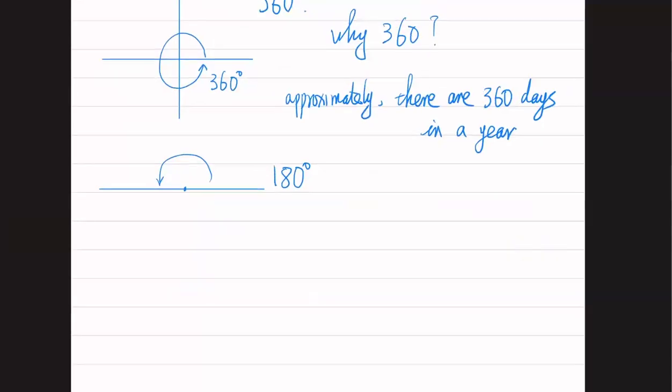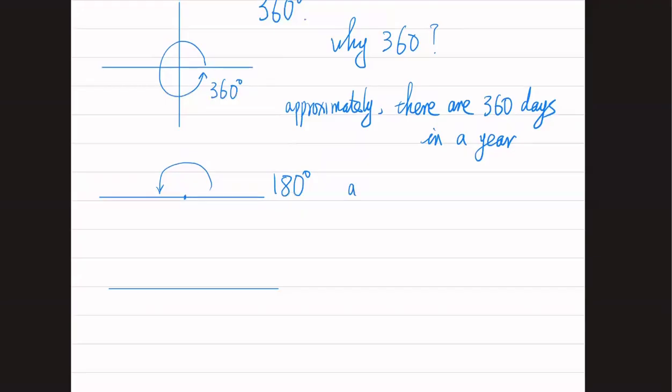A third one. Okay, and we call this a flat angle. Okay, Kira, what's this angle? 90 degrees.